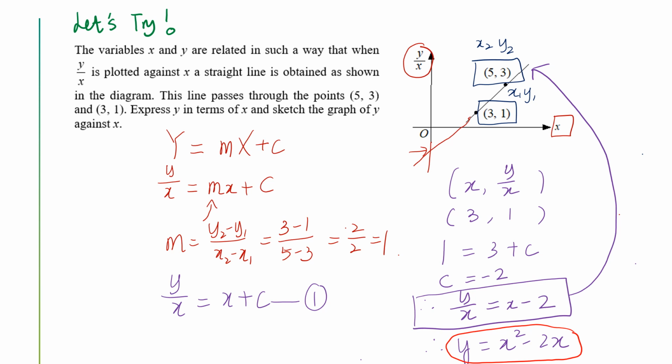The coefficient of x squared is 1, so this is a U-shaped curve. And if you let x equals 0, y will be 0. Oh no, it's not enough, because we need to find the x-intercept. I'm being too ambitious. Let's do it at the next slide.